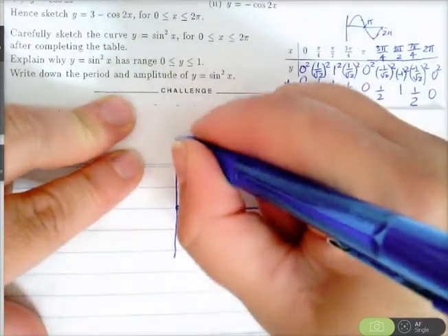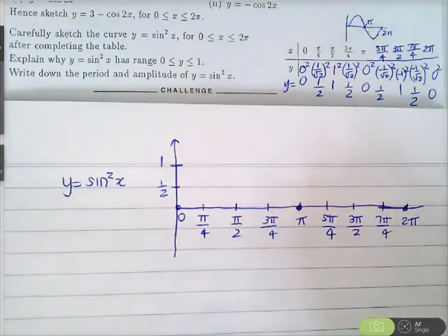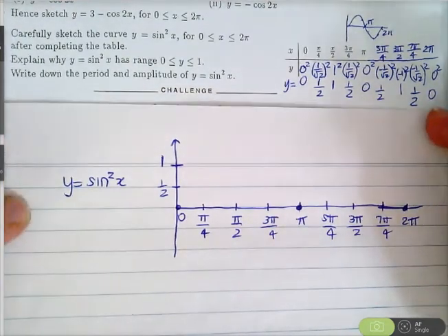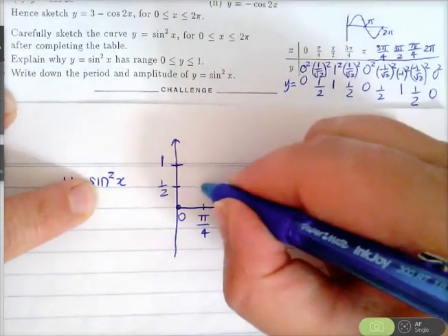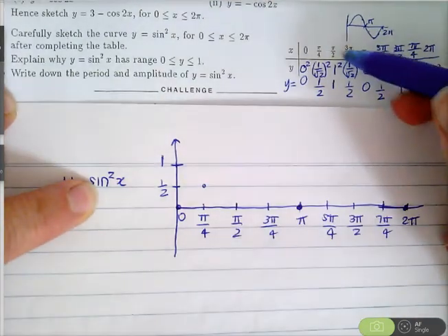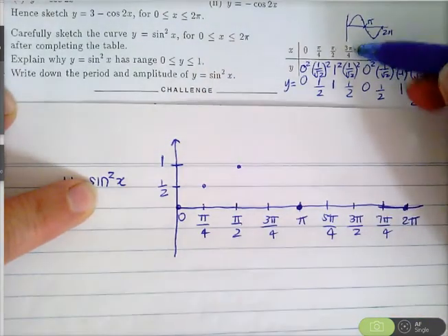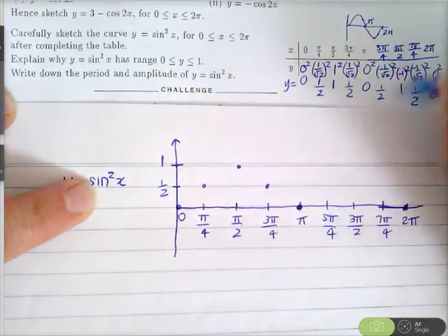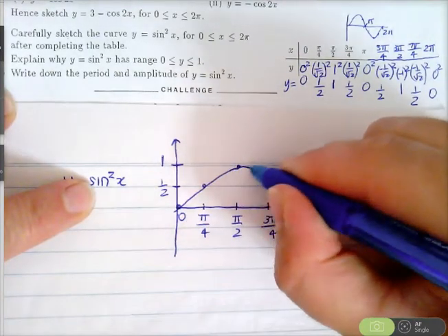And the maximum is 1 here, and we also have this value of a half that appears. So when x is pi on 4, sine squared x is a half. When x is pi on 2, sine squared x is 1. When x is 3 pi on 4, we've got a half. For pi, it's 0, so it appears to go like this.